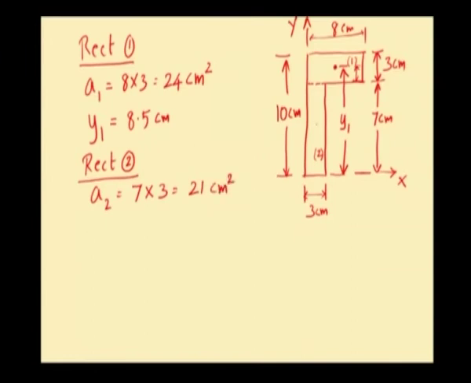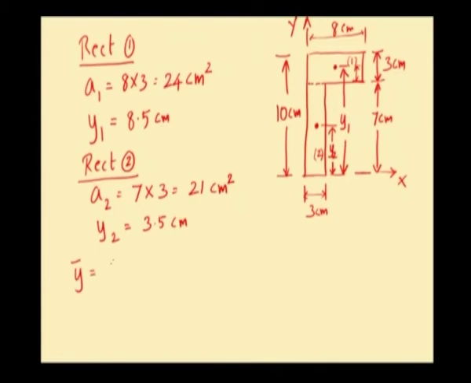Now, this rectangle 2 will have its own CG. This dot which I am marking here is the CG of rectangle 2 alone. Distance of CG of rectangle 2 from x axis is y2. So, y2 will be half of 7, which will be equal to 3.5 centimeter. Now, we shall calculate the value of y bar.